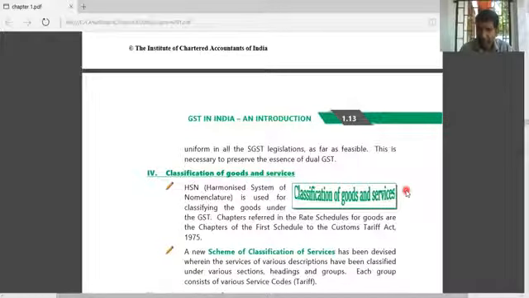So in a particular book, all the goods or services and the corresponding codes and the corresponding rates have been mentioned. So they have listed down all the possible activities and all the possible goods and services, and for that HSN codes have been assigned. So the rate corresponding to those HSN codes we have to apply.